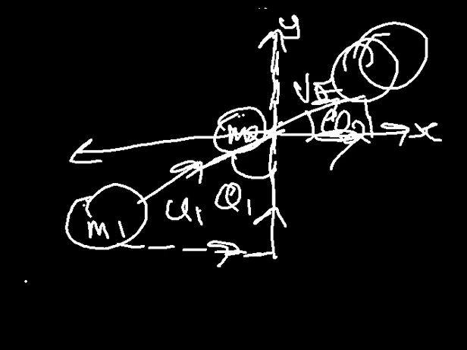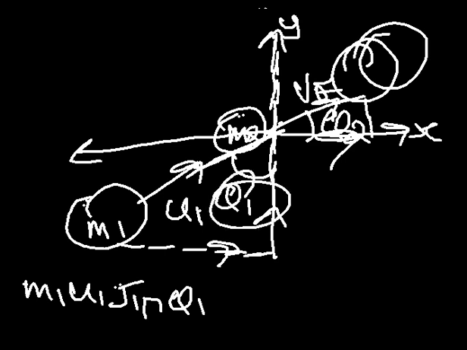The principle remains the same. For the initial momentum along x, we'll have m1 u1 times sine of angle theta 1. Mind you, the angles are against the vertical.